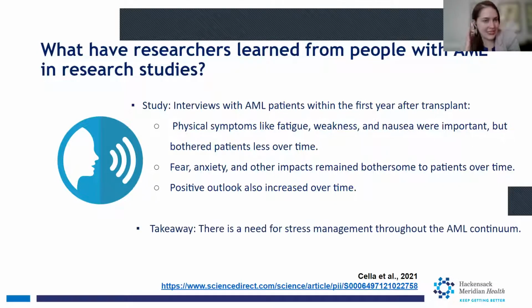And so what does this mean? On my end, the takeaway here is that there really is a need for stress management throughout the AML continuum because of what we heard in this study, being that fear and anxiety tended to remain bothersome for quite some time.